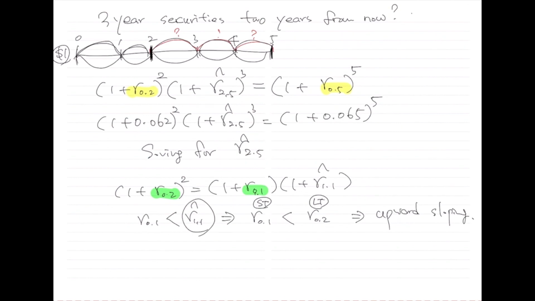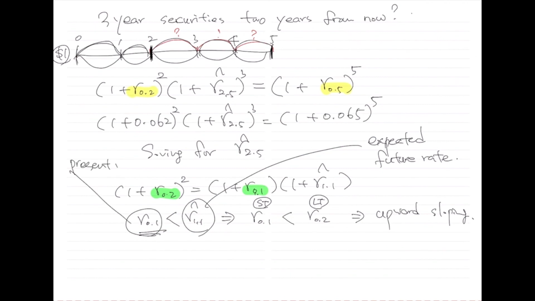And this means what? The expected future rate is larger than the present rate. The slope is upward. In the other case, the present rate is larger than the expected future rate. A short-term rate is higher than a long-term rate.